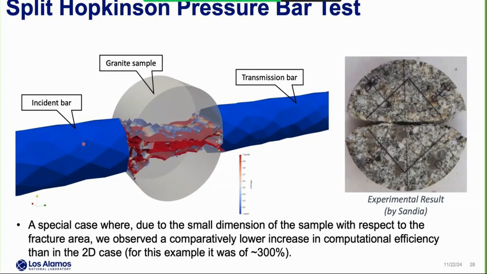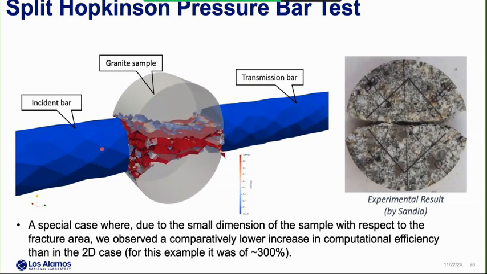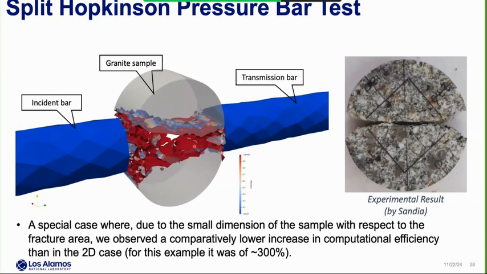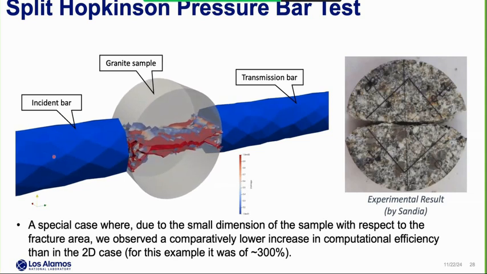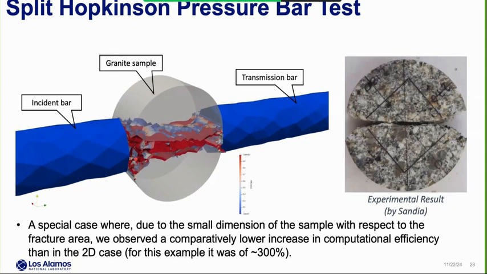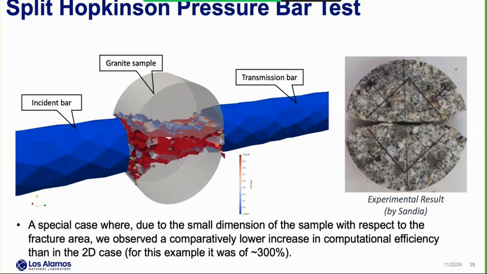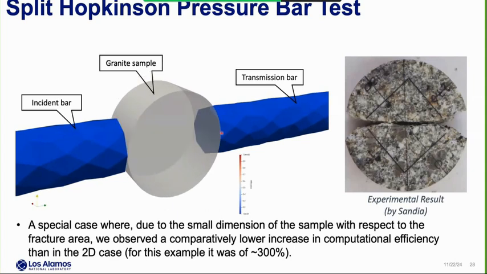In the simulation, those two bars are much longer, and here I just zoom in to focus on the fracture propagation. We first generate some dynamic wave in the incident bar, and once the wave arrives at the interface between the incident bar and the rock sample, it starts to generate fracture in the rock sample.